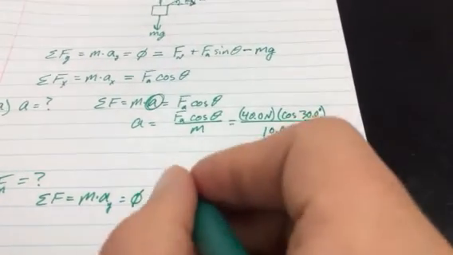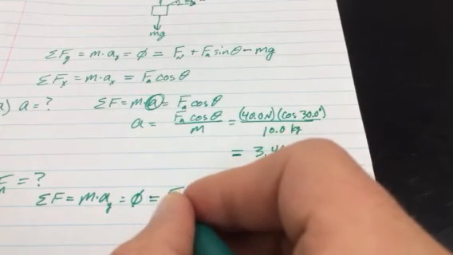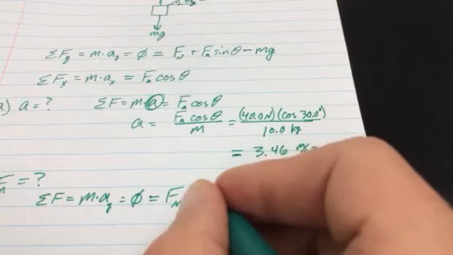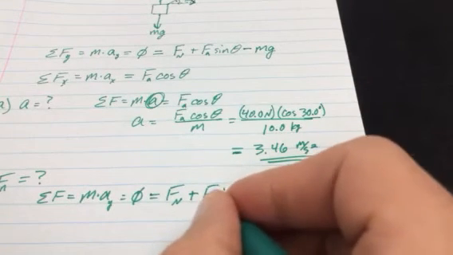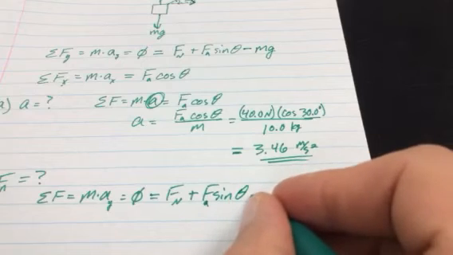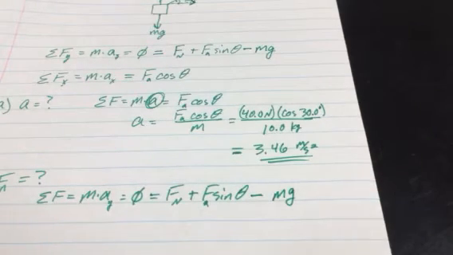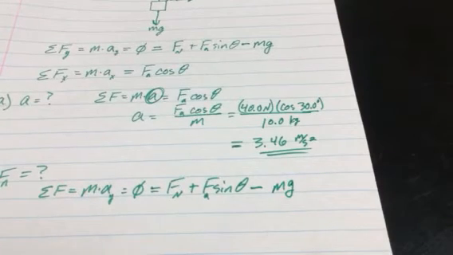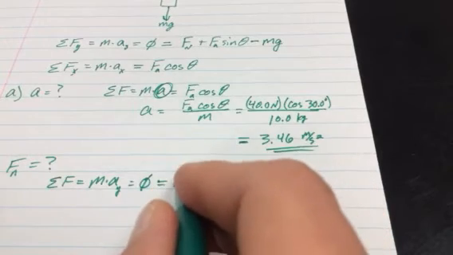And then that net force is due to the normal force pulling up, the vertical component of the applied force, and in the other direction, the force of gravity. In this case, I'm being asked to find the normal force.